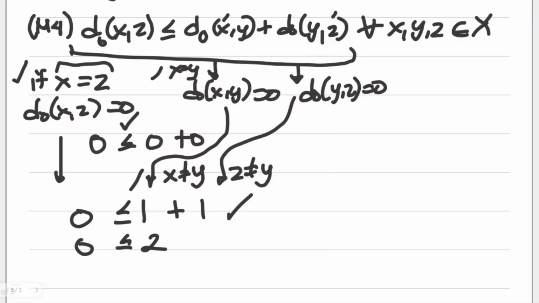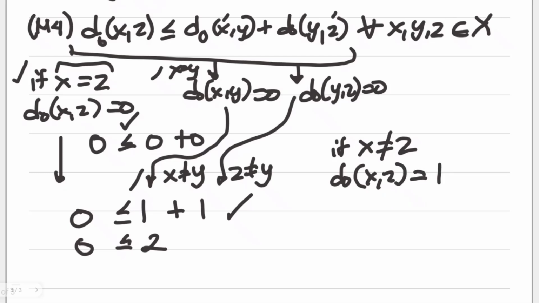Now, what if x is not equal to z? That would mean the distance of x to z is equal to 1. Let's see if the sum is still greater than or equal to 1.